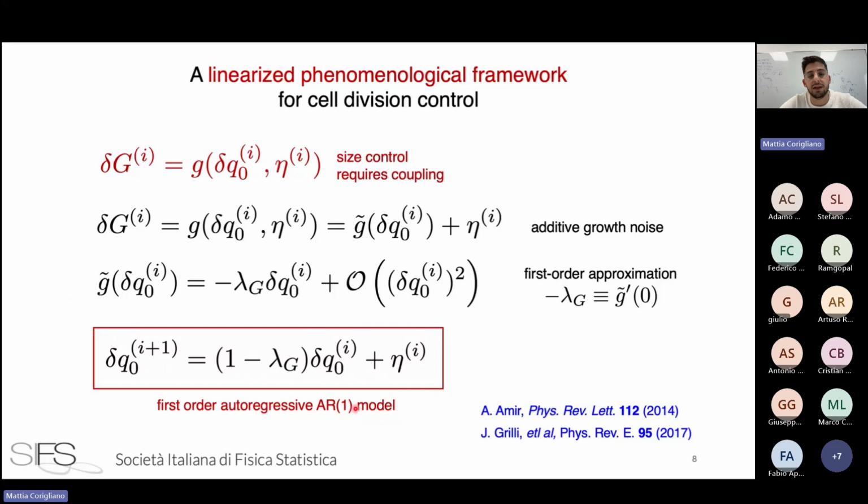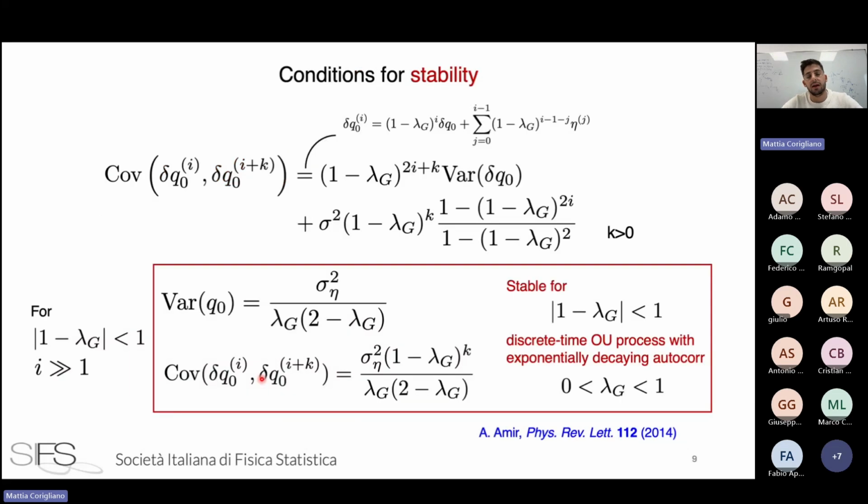Here we have a multiplicative factor, 1 minus lambda g, that tells us the strength of the control. By iterating this equation, one can see that in the long run, that is for i much greater than 1, this process is stable and will lead to a stationary size distribution, provided 1 minus lambda g is in modulus less than 1.